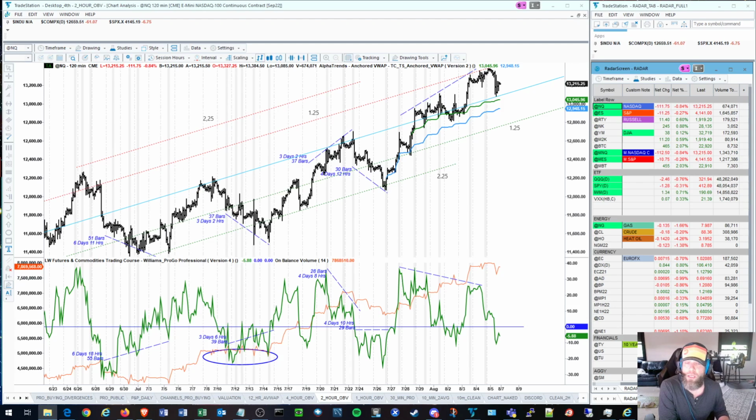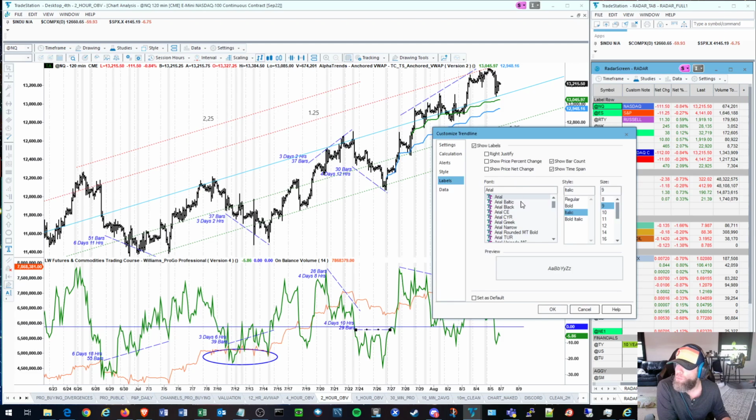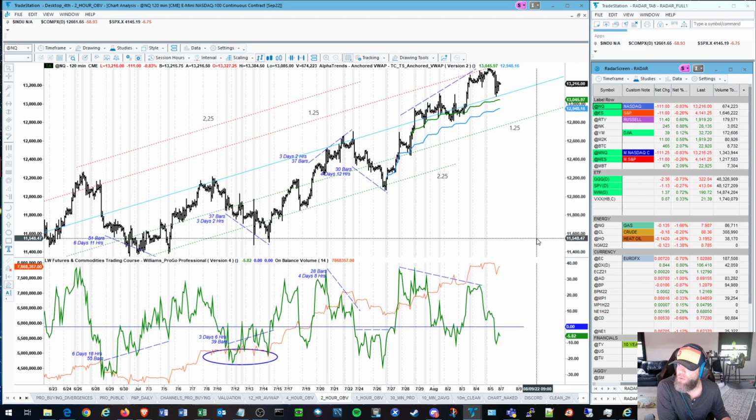So we'll look at the 10-minute, the 2-hour, and the 1-hour. Returning to a little bit of the roots: on balance volume alongside the professional buying indicator. I couldn't give you the most complete description of what OBV is or how it works.